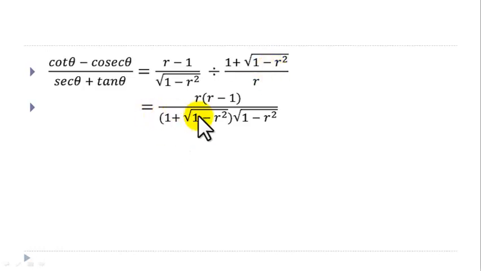So this will then give us r into r minus 1 divided by 1 plus the square root of 1 minus r squared times the square root of 1 minus r squared.